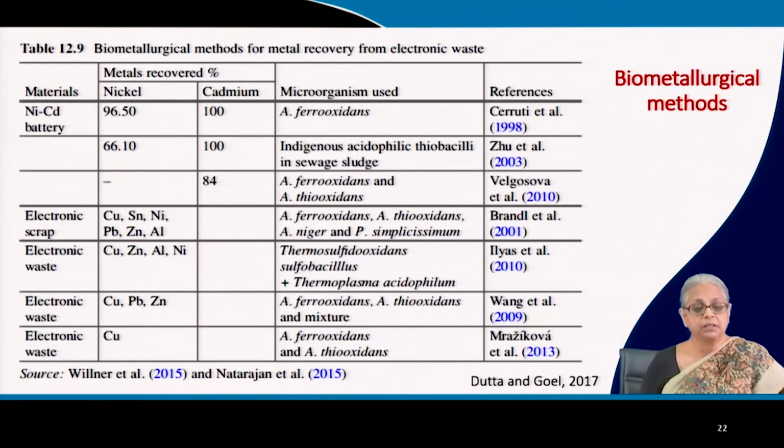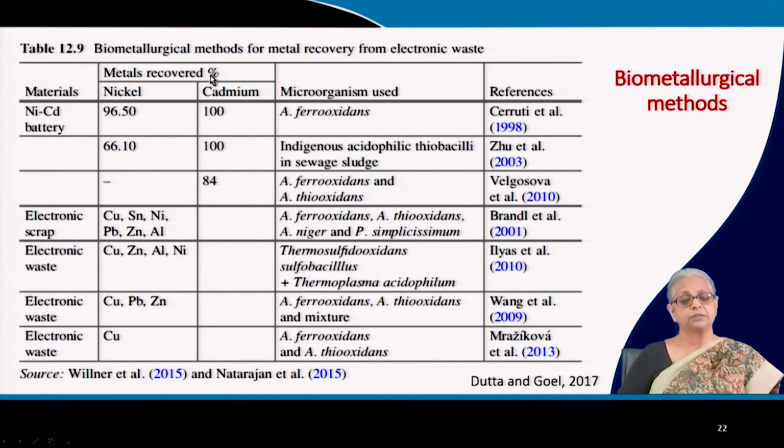So I'll just show you a table from a book chapter, and these are examples of different types of metals that were recovered from electronic waste, and the percent recovered is based on the total amount of metal. So nickel cadmium batteries, nickel and cadmium, both of them were recovered using this particular bacterium, Acidithiobacillus ferrooxidans, which is also present in sewage.